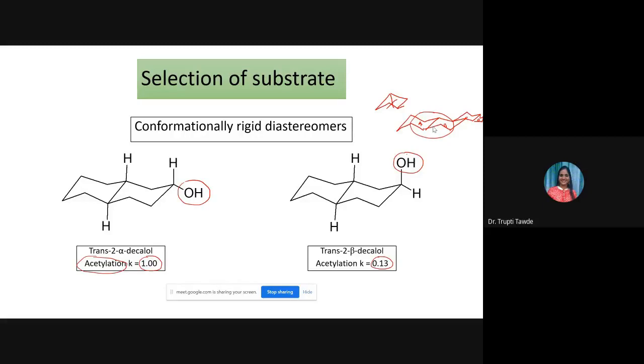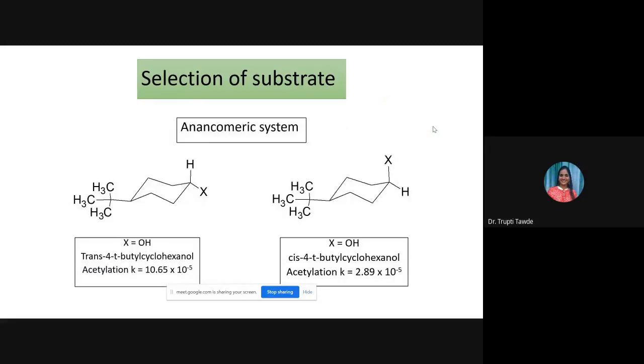Okay, but suppose if I don't have the rigid substrate, like we have already discussed about cyclohexane, if I have this axial alcohol and if I have this equatorial alcohol, okay, I cannot go for the dynamic stereochemistry with these substrates, because we know that these substrates by nature are not conformationally rigid, but we can make them rigid.